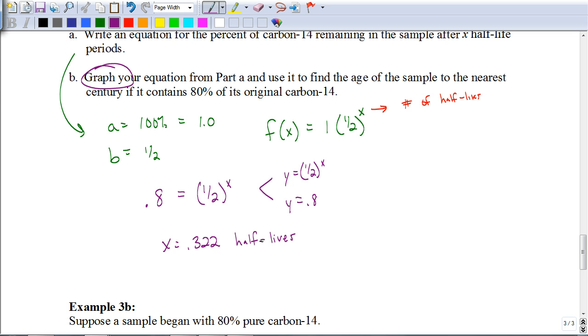So if it's 0.322 half-lives for me to get down to 80% of the original amount, I would take 0.322 times the number of years in one half-life, which is 5,730. And that gives me approximately 1,700 years. So something that's gotten down to 80% of its original amount is about 1,700 years old.